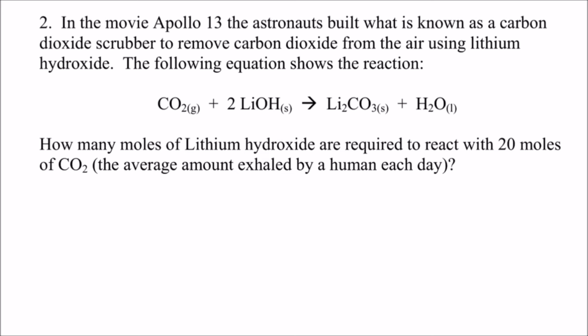So the NASA chemists and engineers got together to figure out how to build a CO2 scrubber, which is something that removes carbon dioxide from the air using only the stuff available to the astronauts. Once they figured it out, they told the astronauts how to do it, and then they had to do it up on the spacecraft.